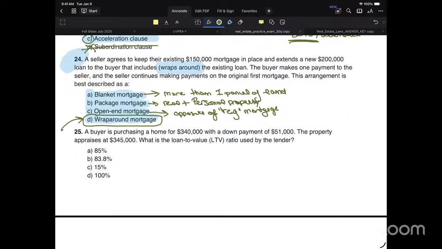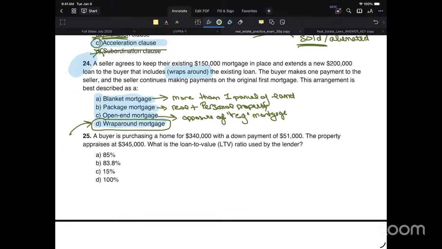All right, let's finish up with 25. A buyer is purchasing a home for $340,000 with a down payment of $51,000. The property appraises for $345,000. What is the loan to value ratio used by the lender? All right.